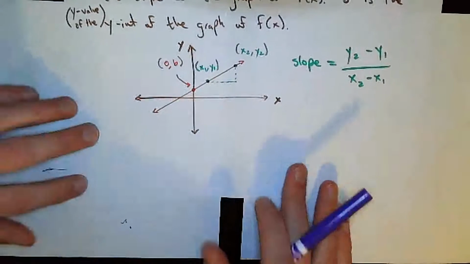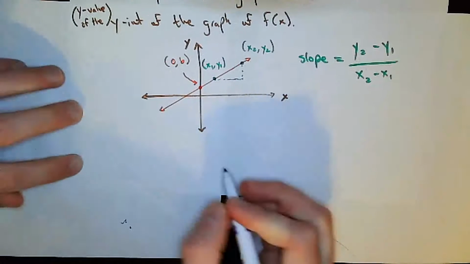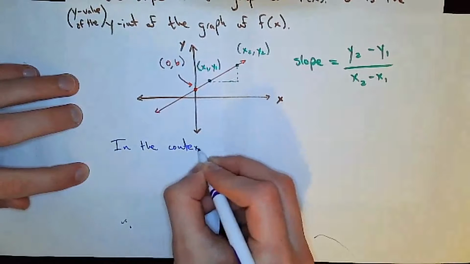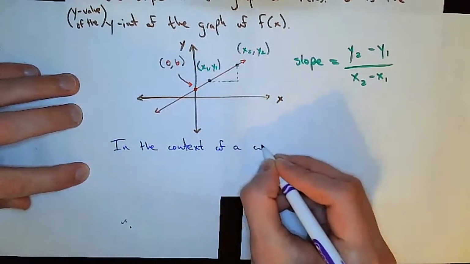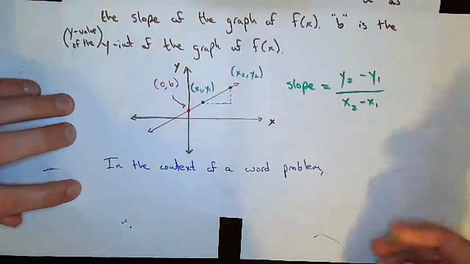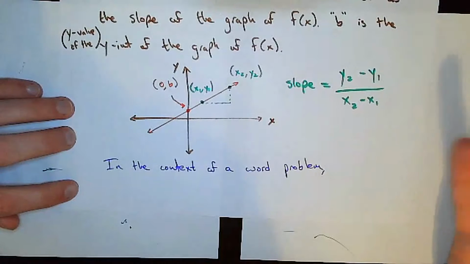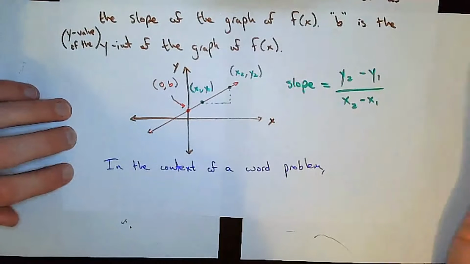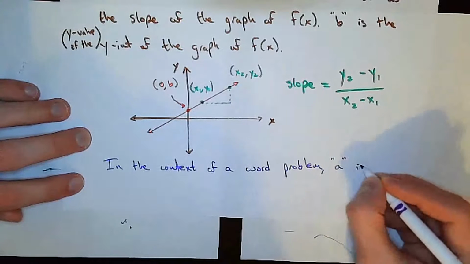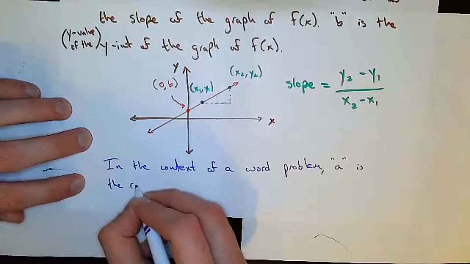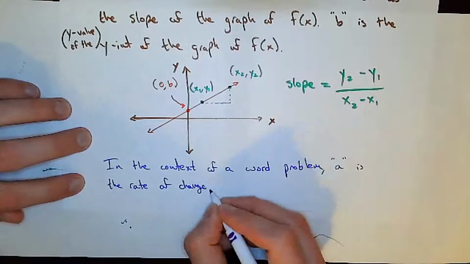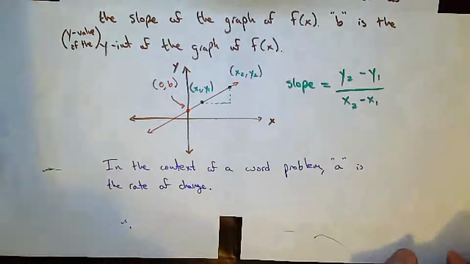Now, in the context of a word problem, in other words, when I'm making models out of a word problem, a, the slope, is the rate of change, some linear rate of change.